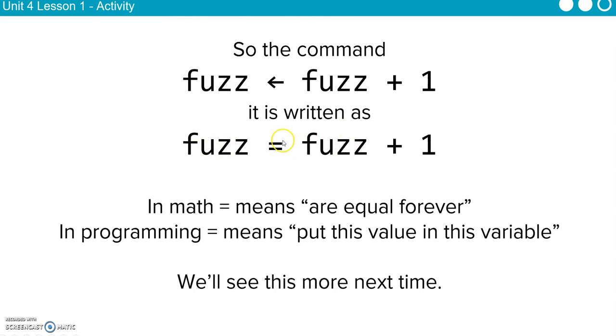But you should not think of this as the equal sign, because later on we'll talk about the double equal sign, which really means equals. So in programming, this equal sign means something a little bit different: put this value in this variable. Assign it. Good. So hopefully that gives you a good explanation of what's going on here. And good luck working through the rest of it.